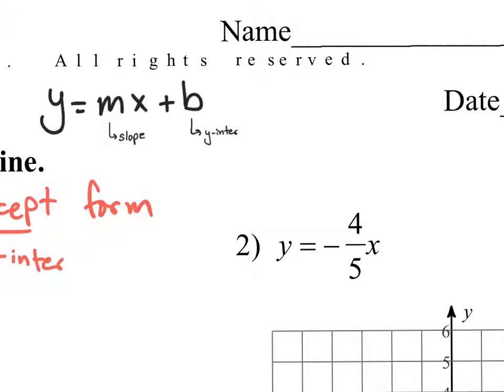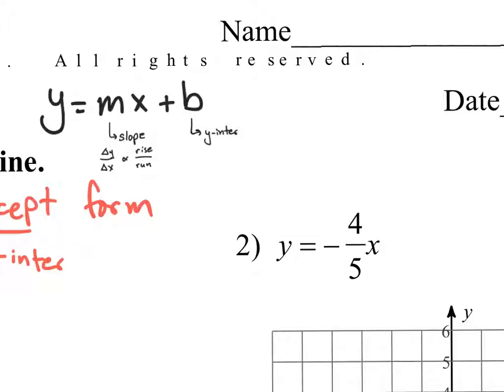And before we move on, I want to remind you that slopes are fractions. This is the change in y over the change in x, or rise over run. Slopes are always going to be fractions, always. Even if they're a whole number, they're a fraction, because every whole number is over 1.